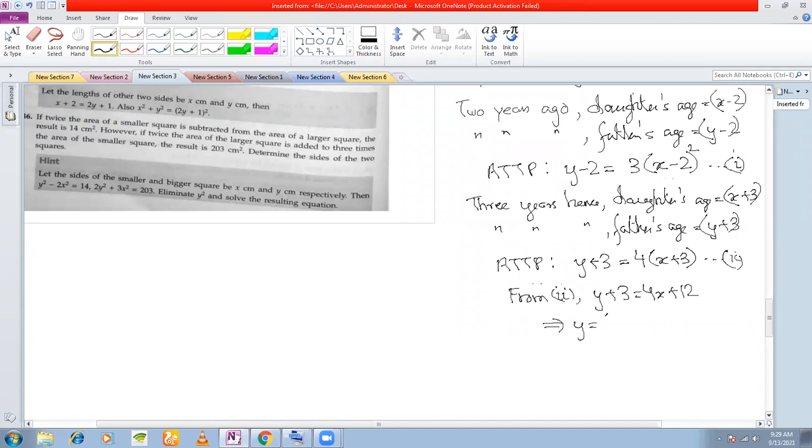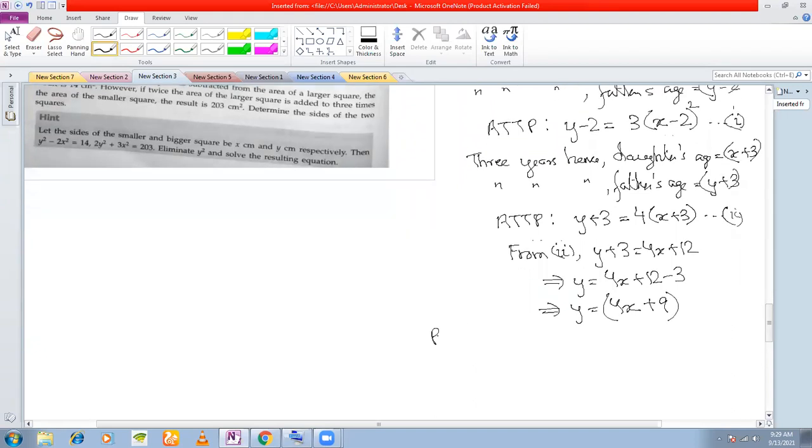So y here is equal to 4x plus 12 minus 3. That means y is equal to 4x plus 9. Okay. Now this value of y that you have got, you put it in equation number 1, just as you do in your substitution method. Putting y is equal to 4x plus 9 in 1.